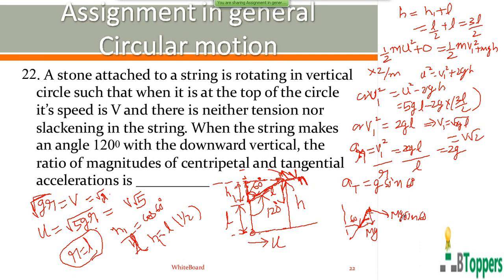So the magnitude of the tangential force is mg sine theta, and the tangential acceleration is g sine theta, or g sine 60 degrees, which is g into root 3 by 2. Therefore the ratio of the magnitude of the radial acceleration to the tangential acceleration will be 2g is to g root 3 by 2. So you get 4 is to root 3.